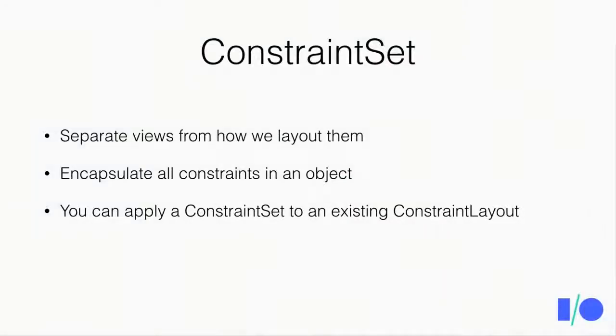So you might wonder, what would you want to do with that? Well, you can switch between two constraint sets on the fly. No views get reloaded. It's not like switching a layout. You're actually just moving the widgets around by applying different sets of constraints.